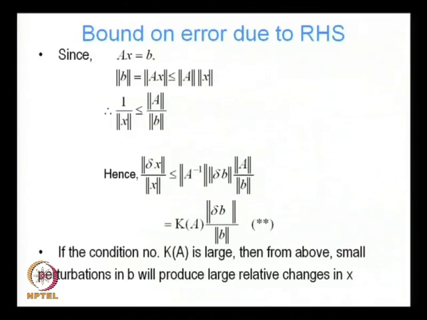Similarly, here we show that if the condition number is large, small changes in the right hand side are also going to lead to large relative errors in the solution. So the condition number of a matrix is a very crucial quantity in determining how much the error is going to be if either my coefficient matrix or my right hand side is slightly off, has got errors.